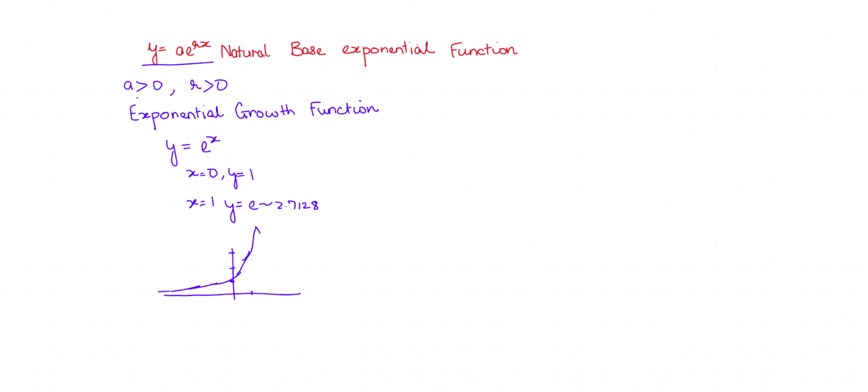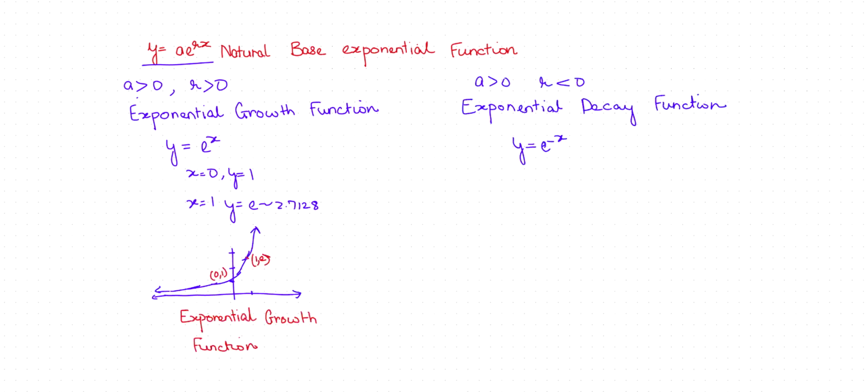So this is an exponential growth function. As x increases, y increases exponentially. In this function, when a is greater than 0 but r is less than 0, then it will be a decay function.